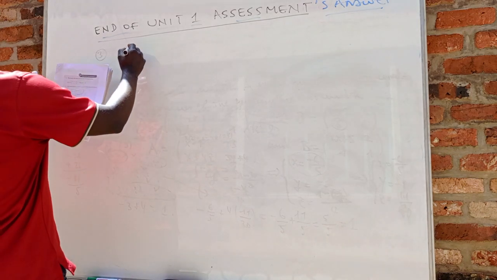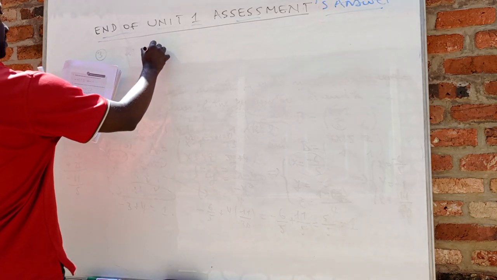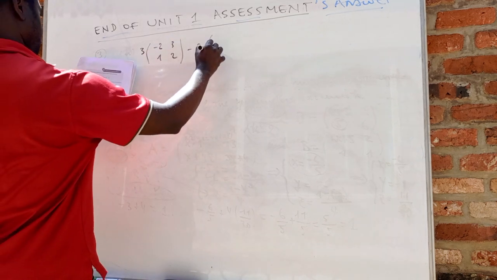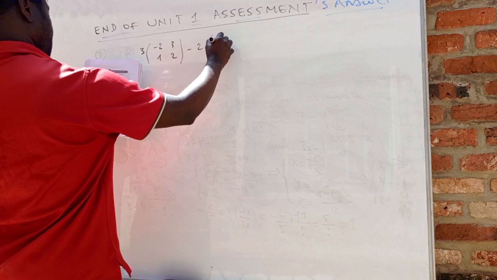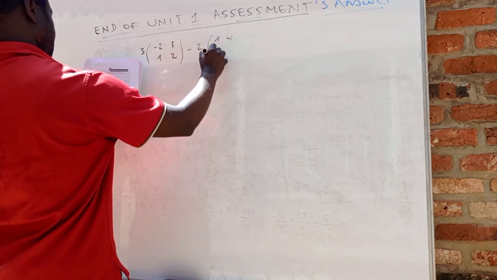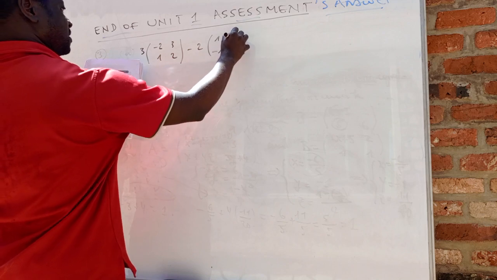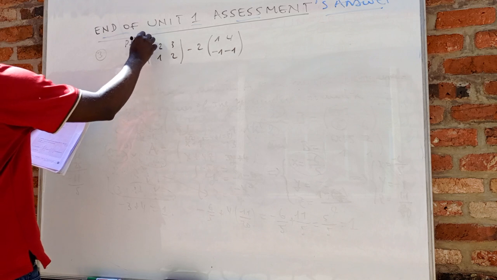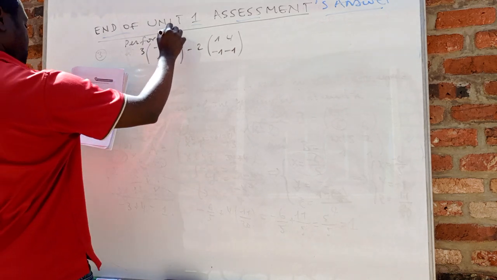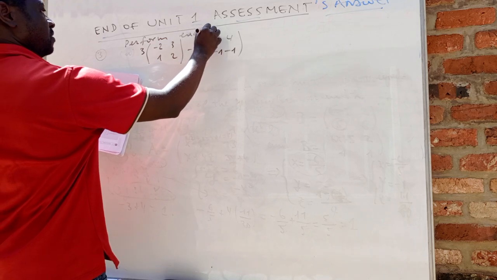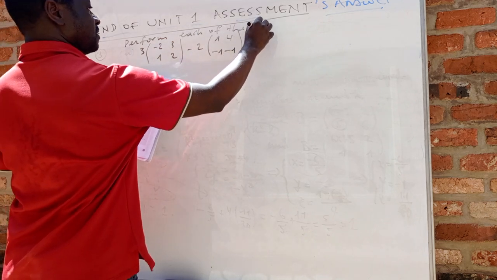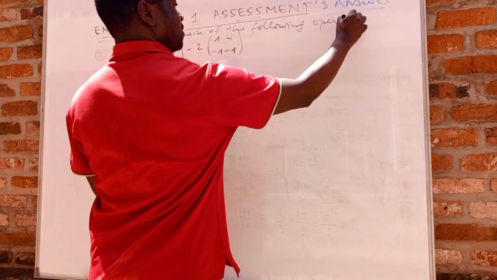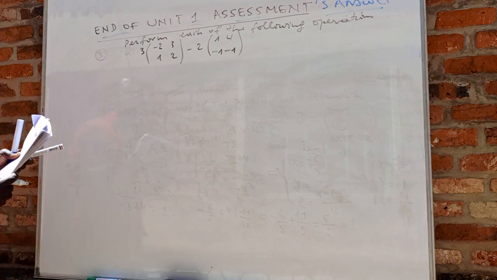Okay, so A is 3 times [[-2, 1], [3, 2]], minus twice [[1, 4], [-1, -1]]. Okay, that is it. So we have to perform each of the following operations, binary operations on matrices.